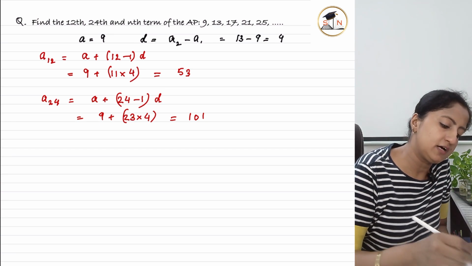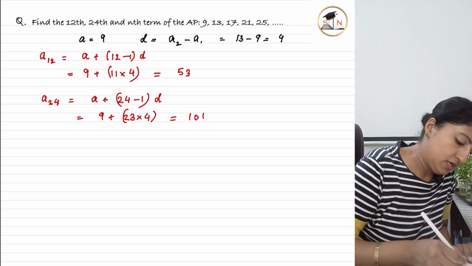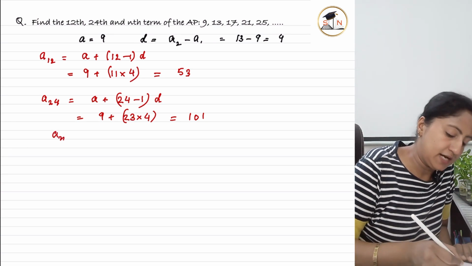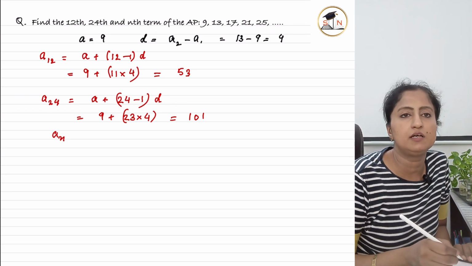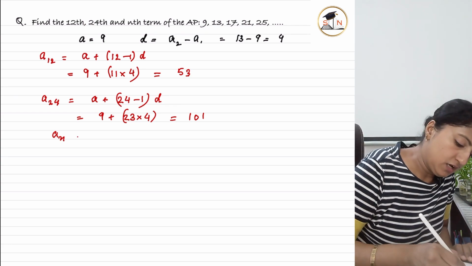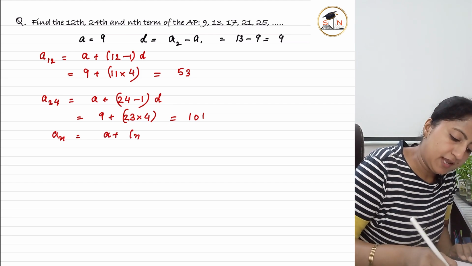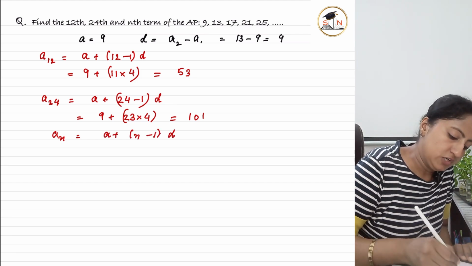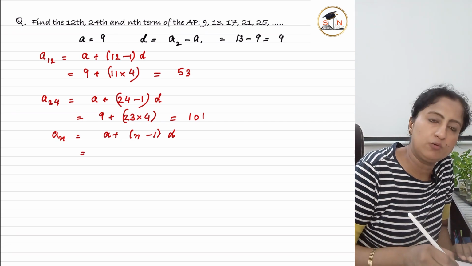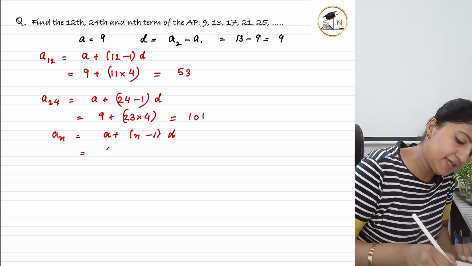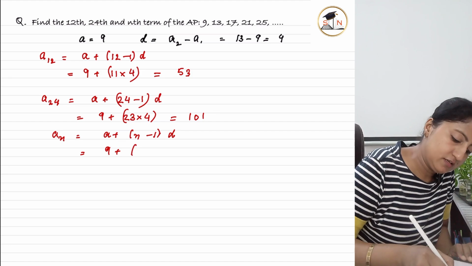Now the last thing they had asked, the nth term. When they are asking for the nth term, that means they want us to leave the answer in terms of n. The relation for a_n is a plus (n minus 1)d. So we will substitute the values of a and d. a is 9, d is 4.